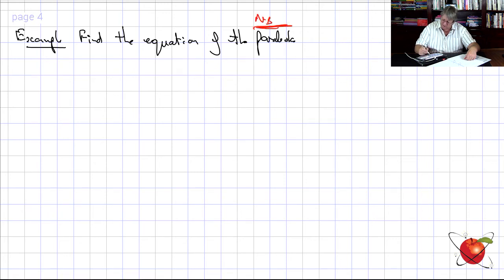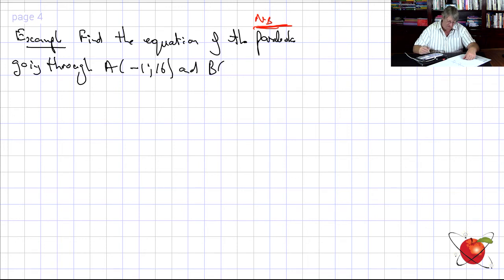They've told us what the graph is because you're going to get one that says straight line, parabola, hyperbola, exponential. Find the equation of the parabola going through A, minus 1 and 16, and B, 2 and minus 20.